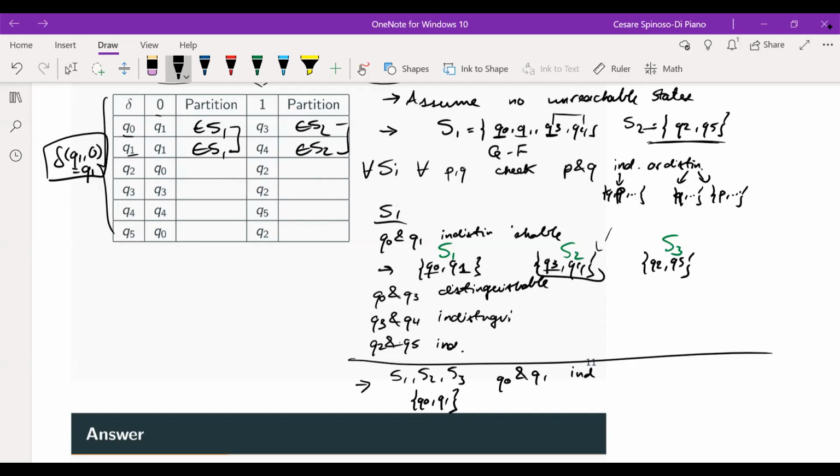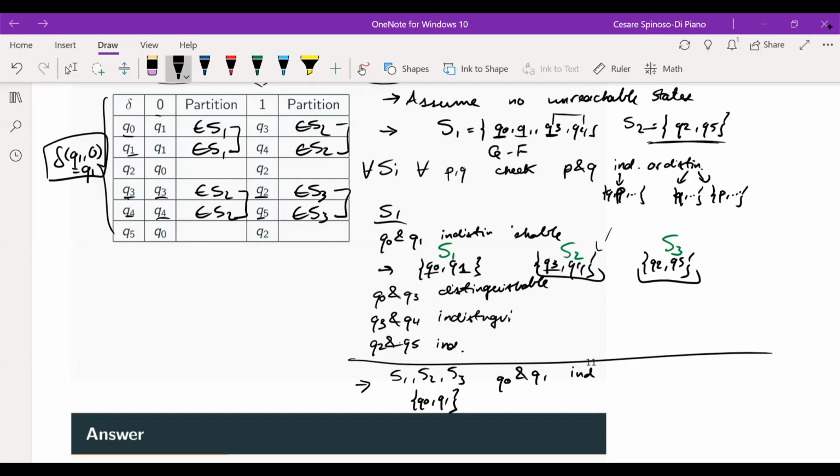I do the same thing for Q3 and Q4. So for Q3 and Q4, when they see a 0, they go to Q3 and Q4 respectively, which is part of the same partition, S2. And then when they see a 1, they go to Q2 and Q5 respectively, which is again part of the same partition, but this time it's S3. So these two are the same for symbol 0.